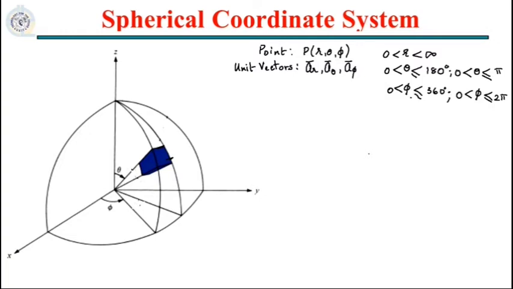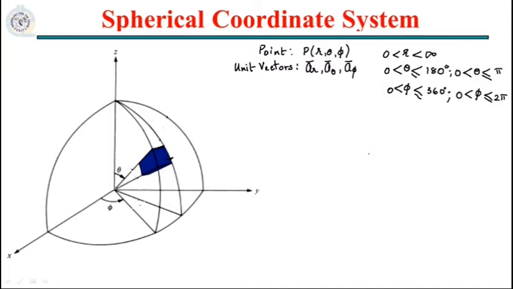Now let's come back to our differential lengths. We'll use whatever we have understood now. We'll start with the easier ones first. Now look at the small section of the sphere that I have brought down here. Because the section is small, it will have differential lengths, differential area and differential volume.